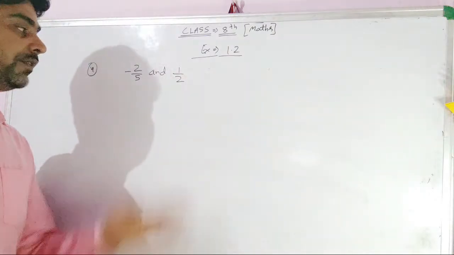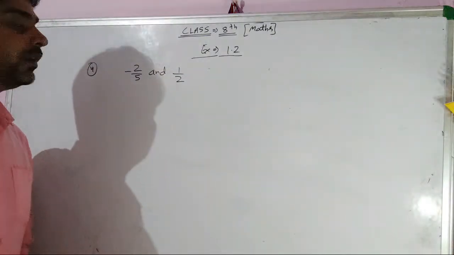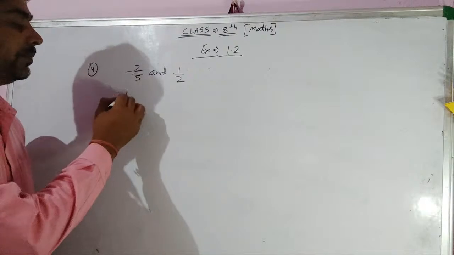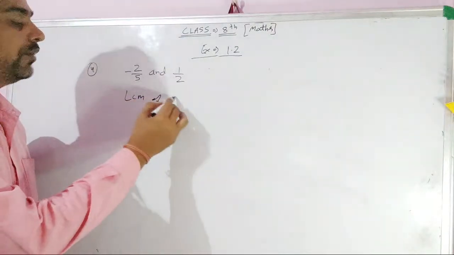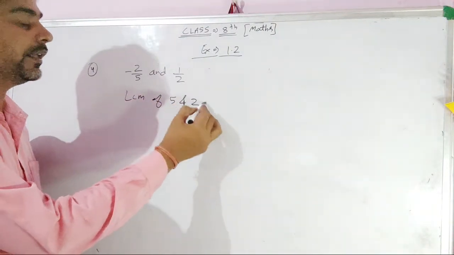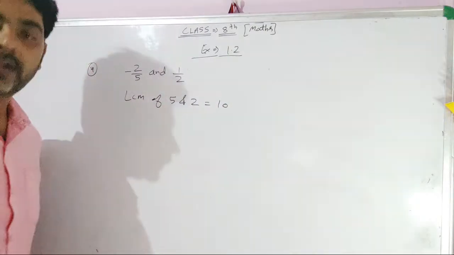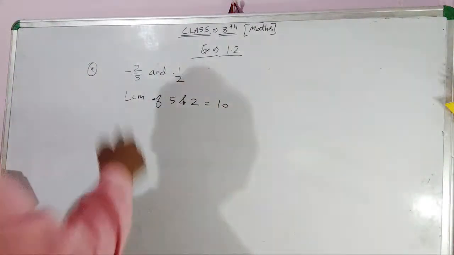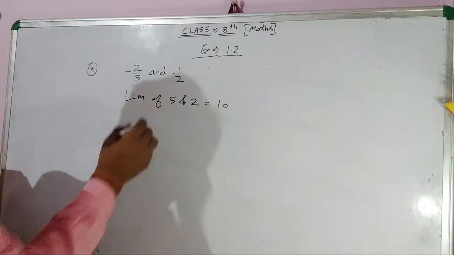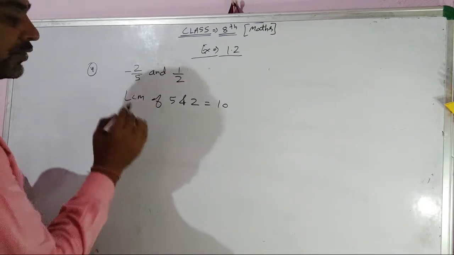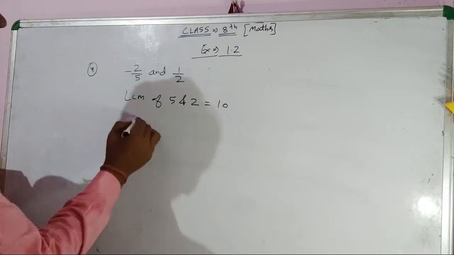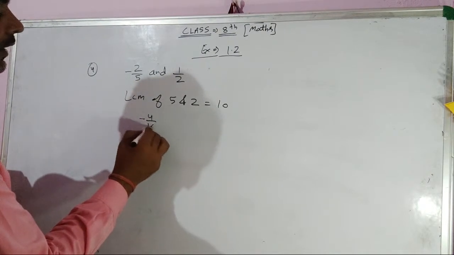For this, we have to take the LCM of 5 and 2, and the LCM of 5 and 2 is 10. Now, -2 upon 5 can be written as -4 upon 10.